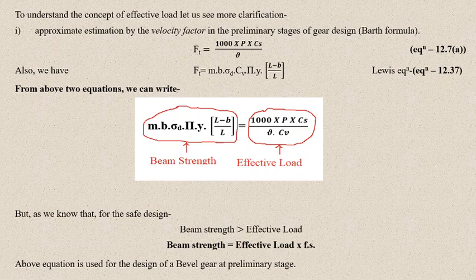If we are not considering factor of safety, then this equation is more than enough to find the value of module. But if we are considering factor of safety, then the below mentioned equation has to be used, that is beam strength should be greater than effective load, and we can write this as beam strength equal to effective load into factor of safety. This is the required equation for the design of bevel gear at the preliminary stage.